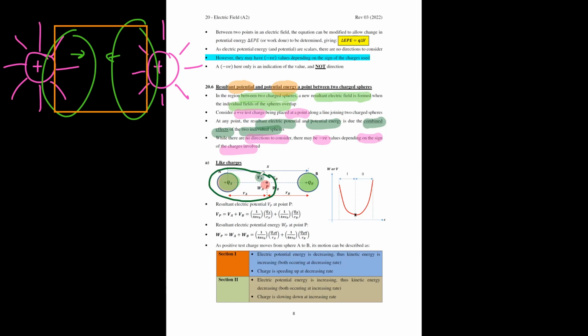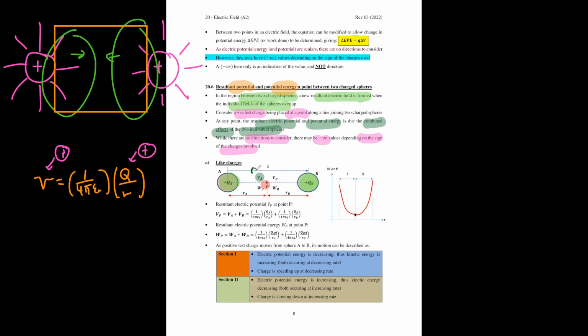At this point, there's no direction there. Now this VA here would be positive because you can see from the original equation before, potential is 1 over 4 pi epsilon naught Q over R. If Q is positive, this will be positive. So your VA here, although it has no direction, you can actually evaluate whether it's going to be positive or negative.